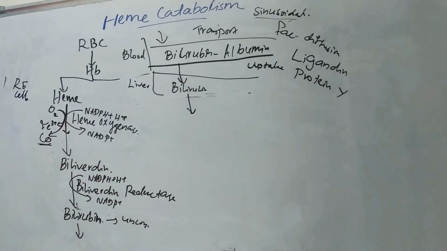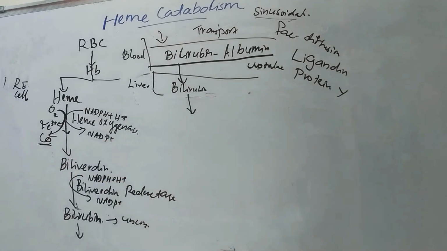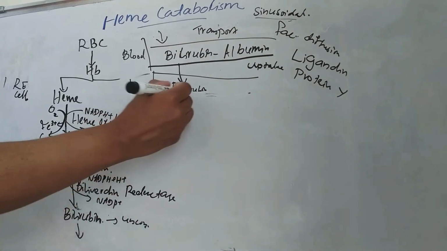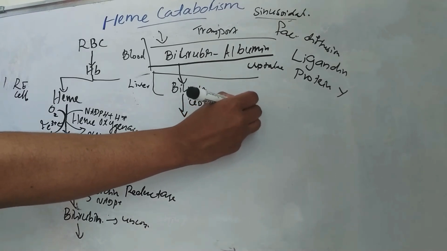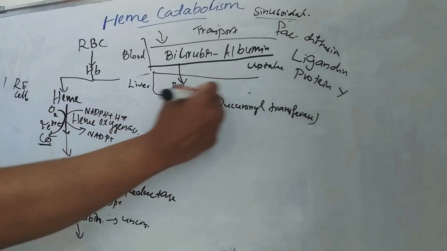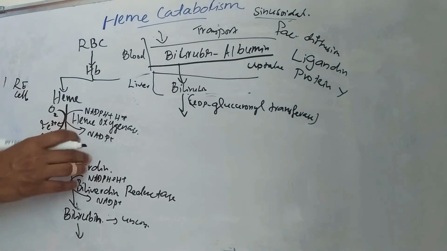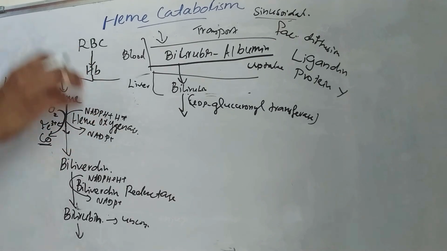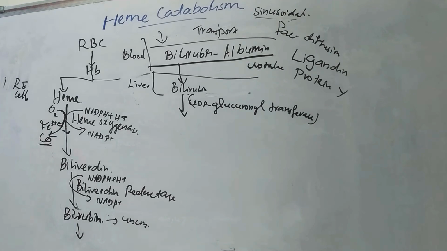So liver cells contain an enzyme that is known as UDP glucuronide transferase. This enzyme catalyzes the transfer of glucuronic acid from UDP glucuronate to various phenolic, carboxylic and amine receptors.